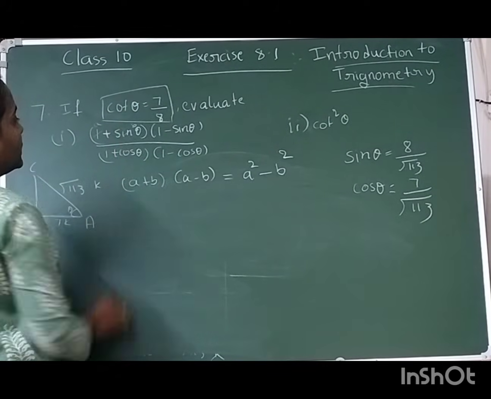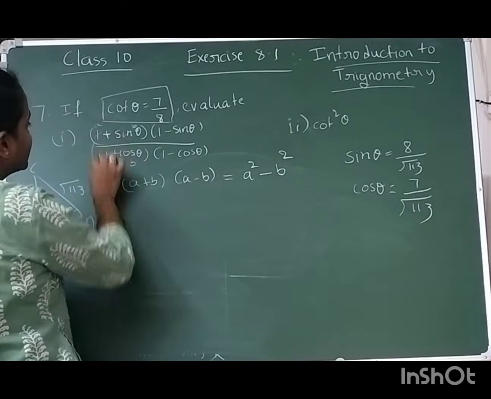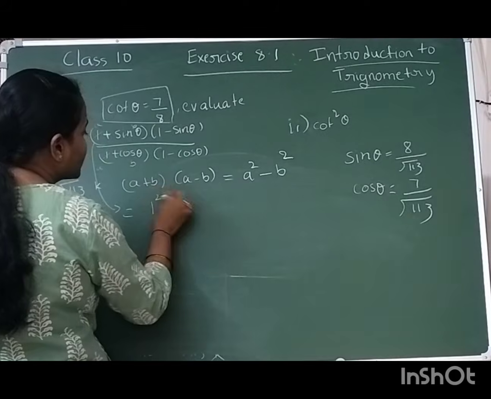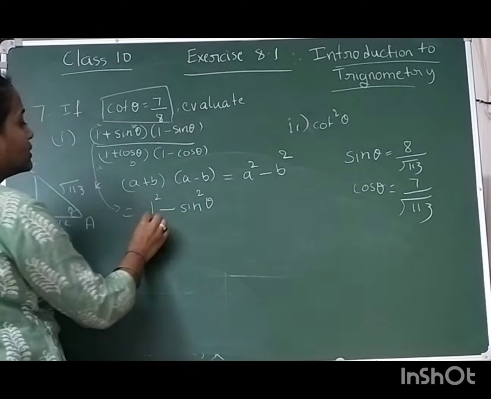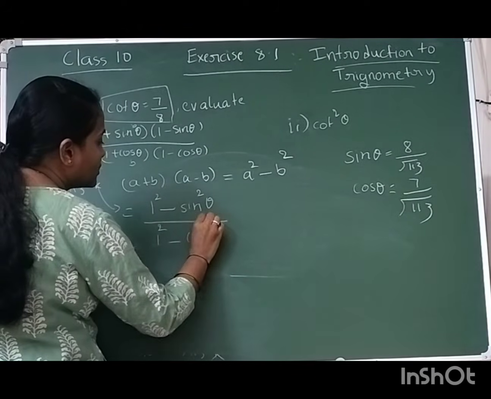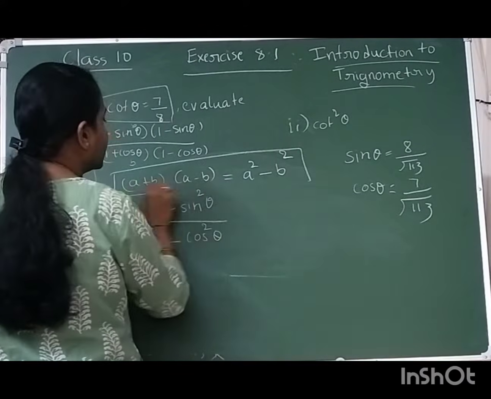So 1 is a here and b is sin theta here. Similarly, in the denominator, b is cos theta. So a square is 1 square, b square is sin square theta. Similarly, applying to the denominator, we'll get 1 square minus cos square theta. So we are using this identity.